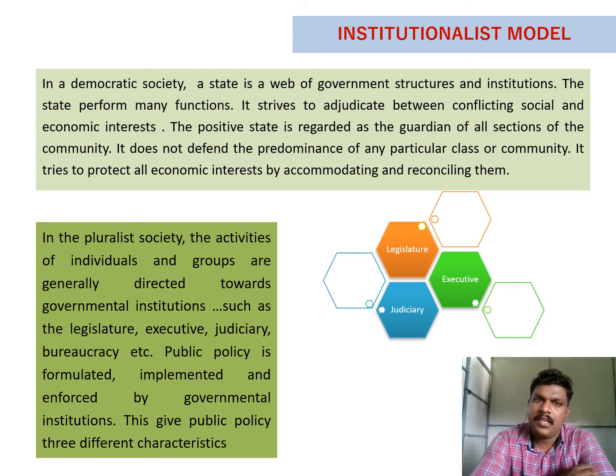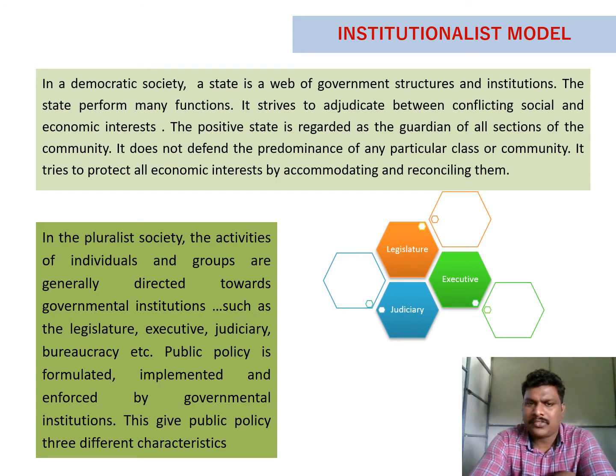But sometimes the state cannot defend the predominance of any particular community. The strongest community will have a strong impact on the decision-making system. So government cannot defend the predominance of any particular class or community. As far as possible, government tries to protect all economic interests by accommodating and reconciling the social groups.